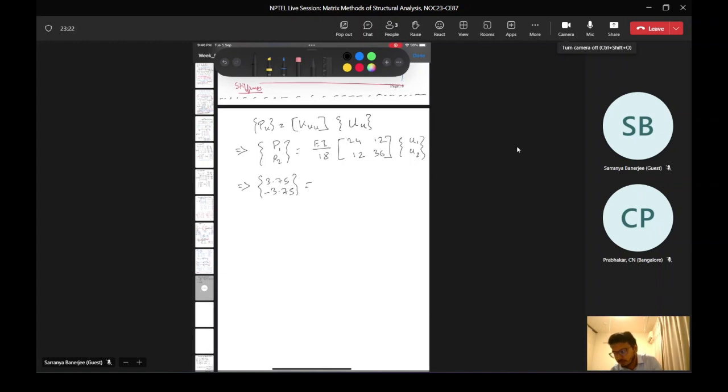equals EI by 18, 24, 12, 12, 36, u1, u2. So this is simple solving of two simultaneous equations, or you can just put the values and take the inverse of this matrix. It is very simple.